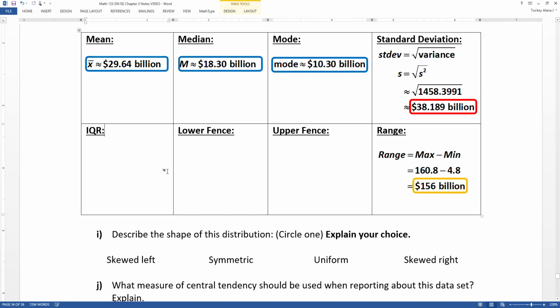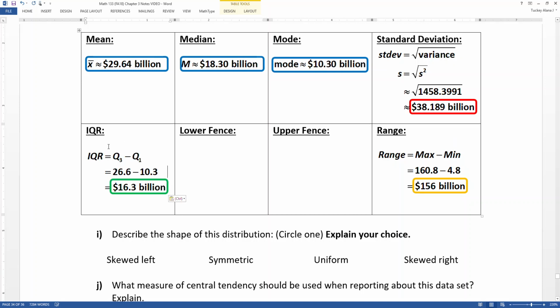Easy as that. Now IQR is the interquartile range. The interquartile range is Q3 minus Q1. So we're going to take Q3 and take away Q1, which is 26.6 take away 10.3, which leads to 16.3 billion.